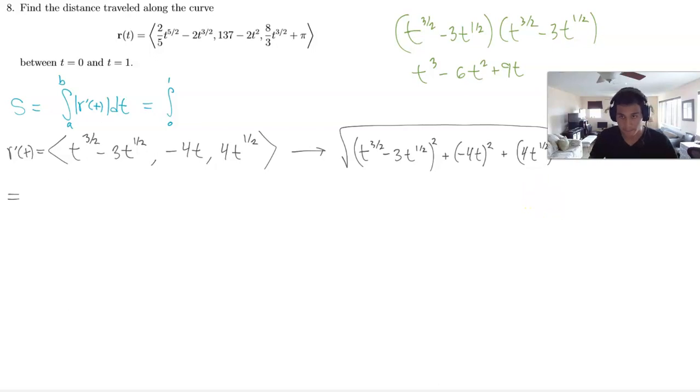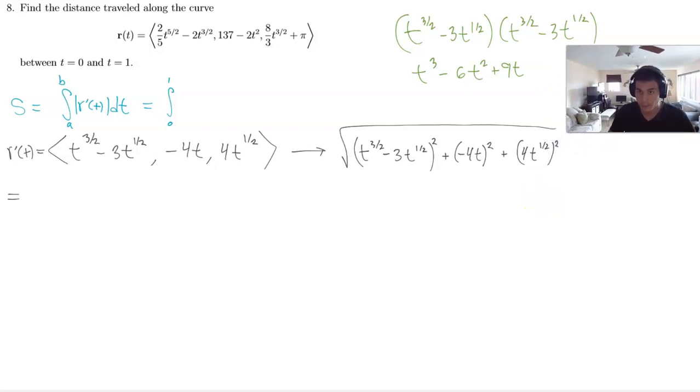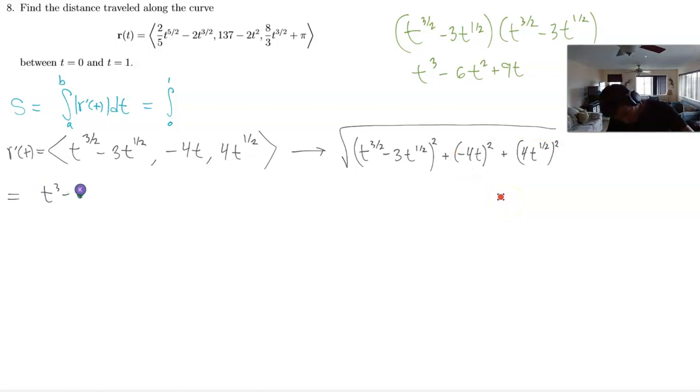The reason I did that over here in green is that I don't want it to expand too big when I'm doing it inside the square root. So here we go, I'm going to add that to these. I get t cubed minus 6t squared plus 9t, and then plus 16t squared, and then plus 16t.